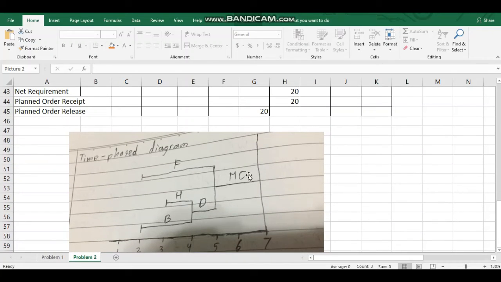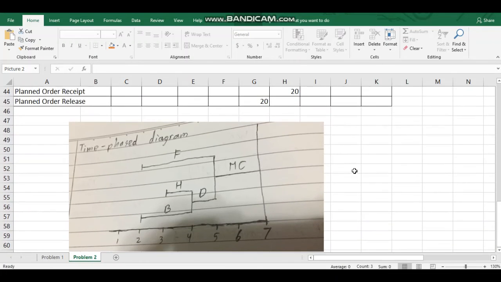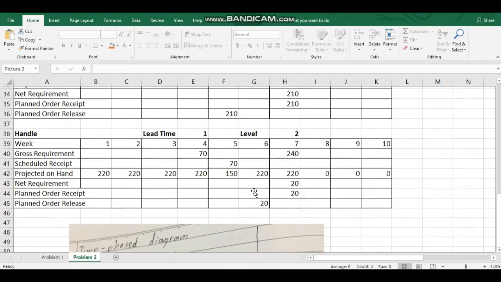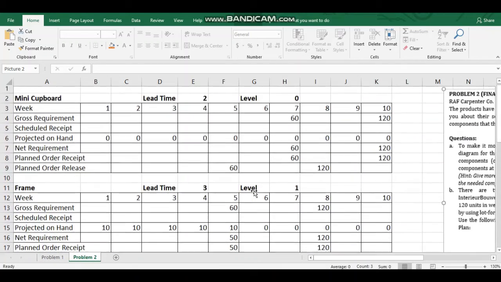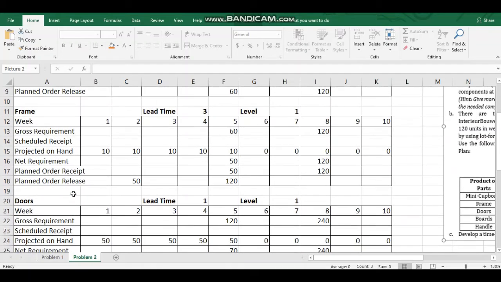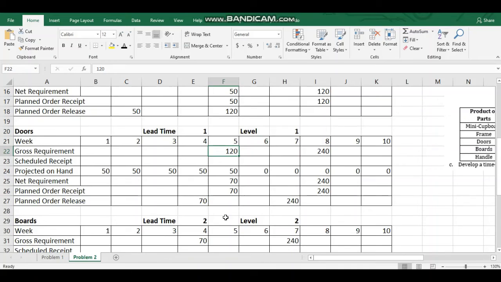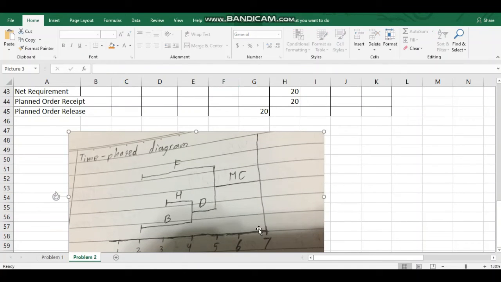And then you have to pull the line back to week 5. Why? Because we have two branches for mini cupboard. There are frame and doors. And for frame and doors, their gross requirement appears in week 5, right? So that's why we have to pull back the line from week 7 to week 5.